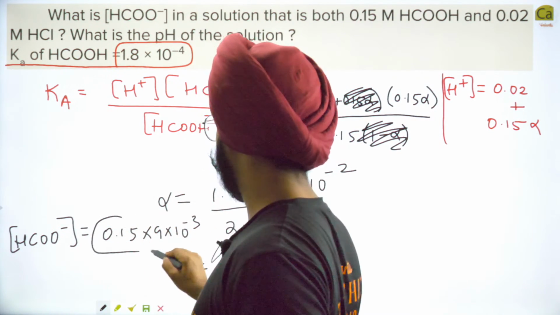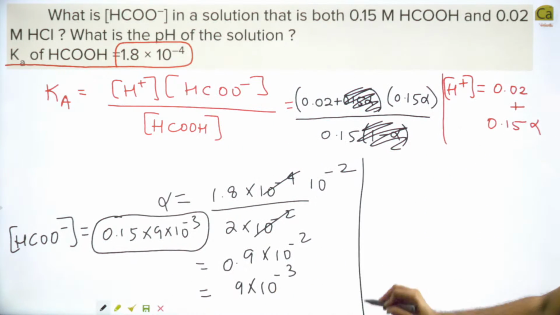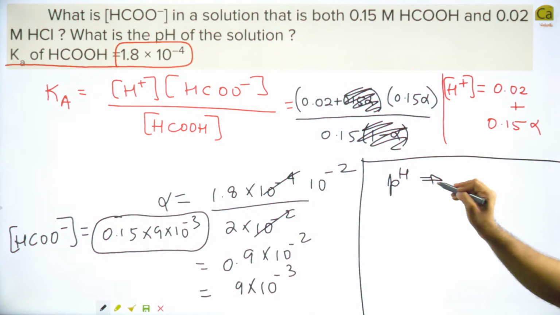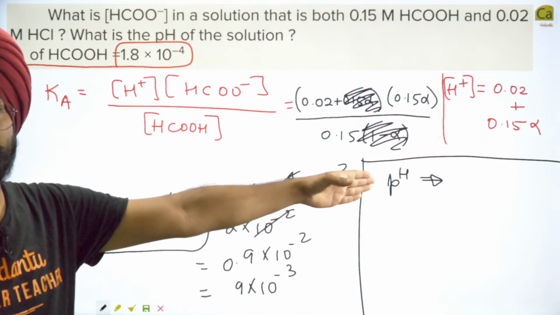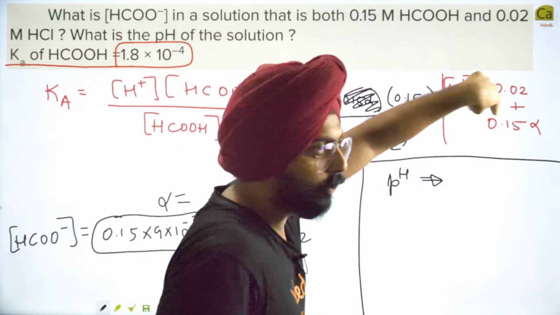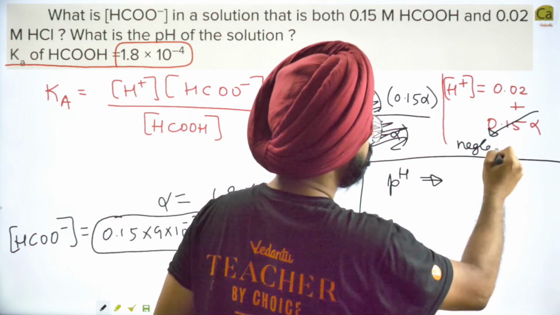So keep doing the calculation, you can do it. Now, my dear friends, let's calculate the pH. Do you realize pH calculation is very simple? Over here, this is the concentration of H positive, and we have neglected this term.